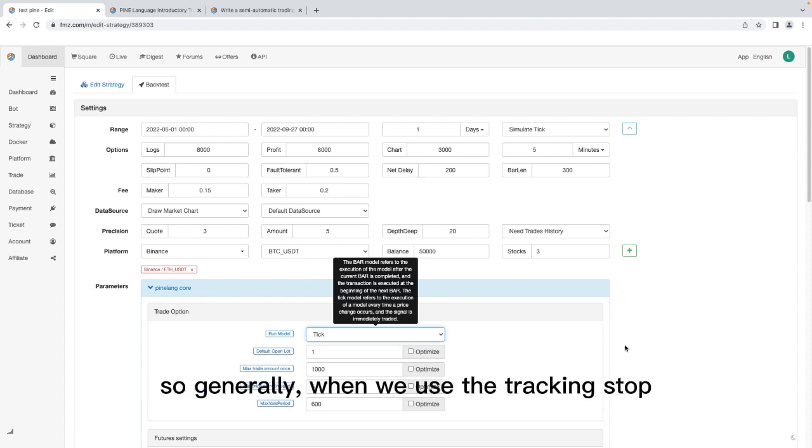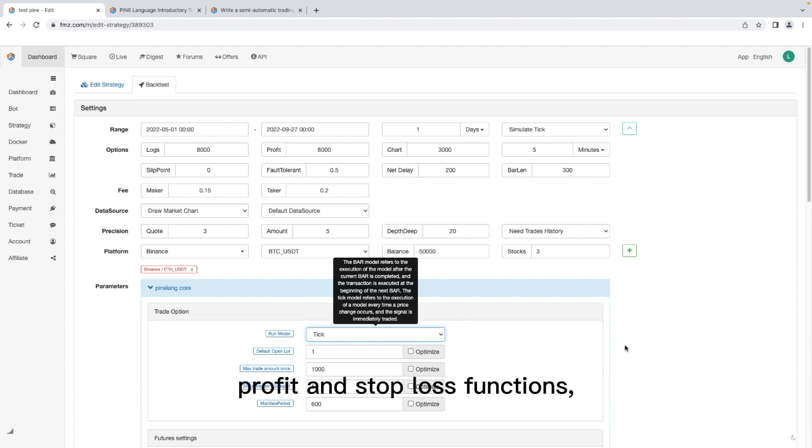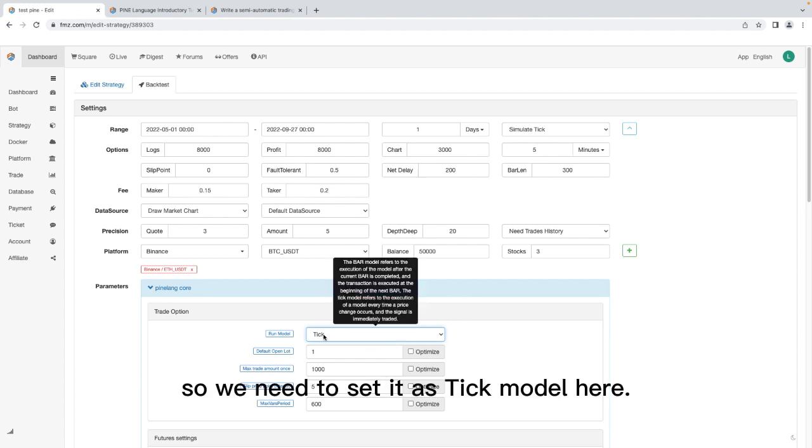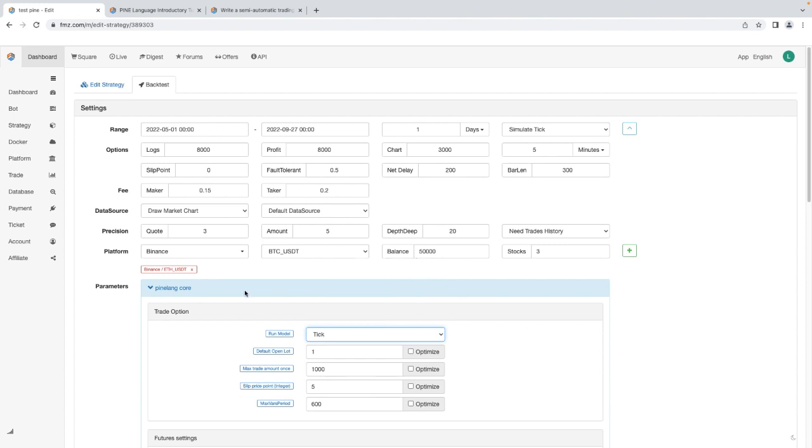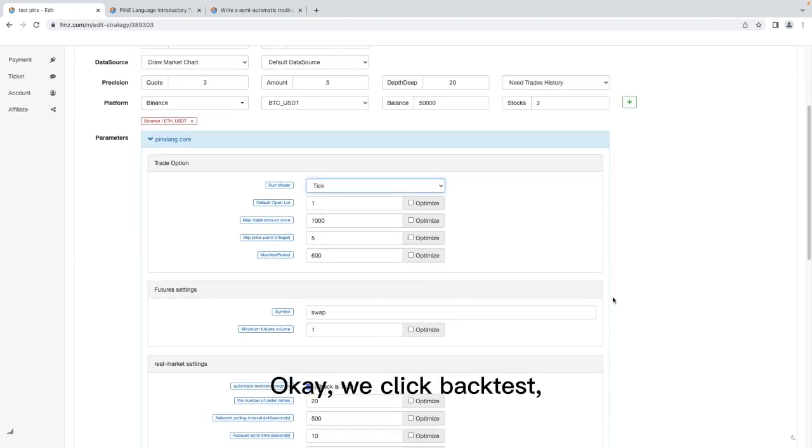So generally, when we use the tracking stop gain and stop loss functions, we need to monitor the prices in real time. So we need to set it as tick model here. Okay, we click backtest.